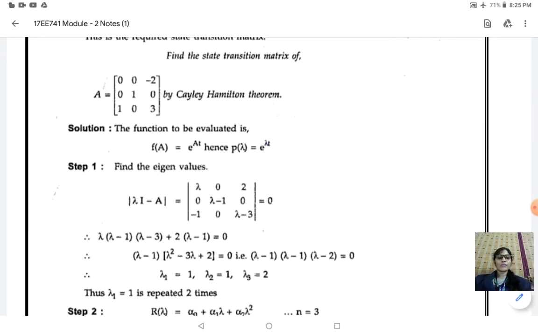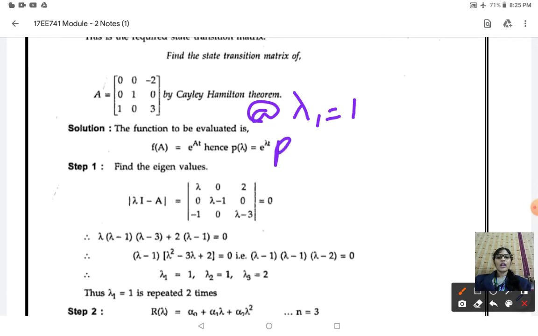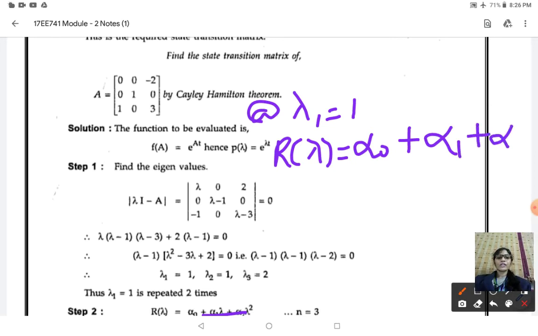For example, at lambda 1 is equal to 1, what is my r of lambda? R of lambda is going to be alpha naught, which is a constant, plus alpha 1 into lambda, so in the place of alpha 1 here you will be getting alpha 1 plus alpha 2.